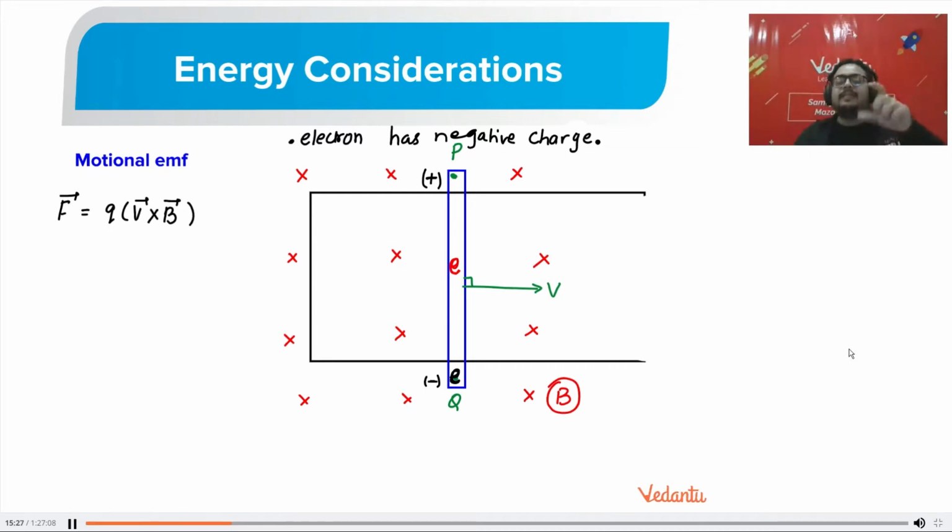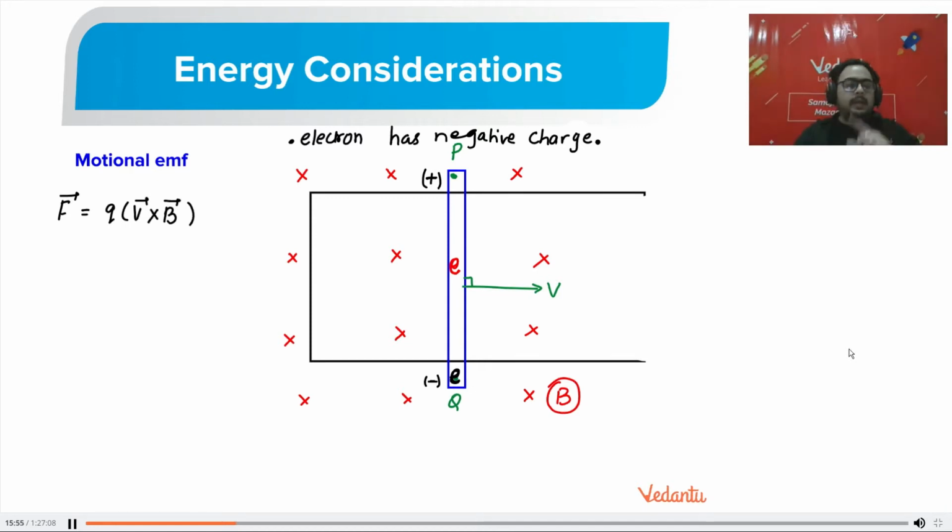This is the reason for potential difference, because the rod was moving in a uniform magnetic field towards right. Magnetic force starts acting on the electrons, which causes the electrons to shift to one side. That is why Q gains negative charge and P gains positive charge. Is that clear to everyone?